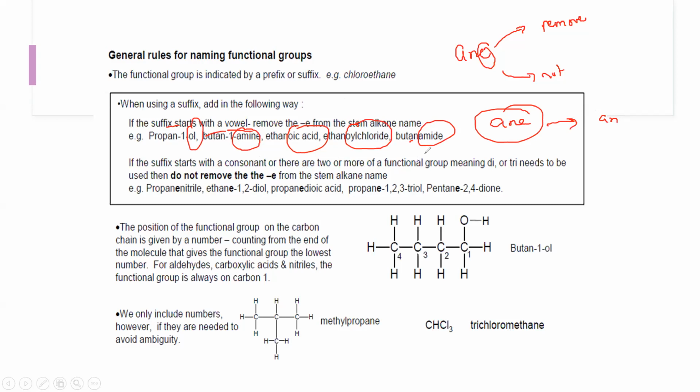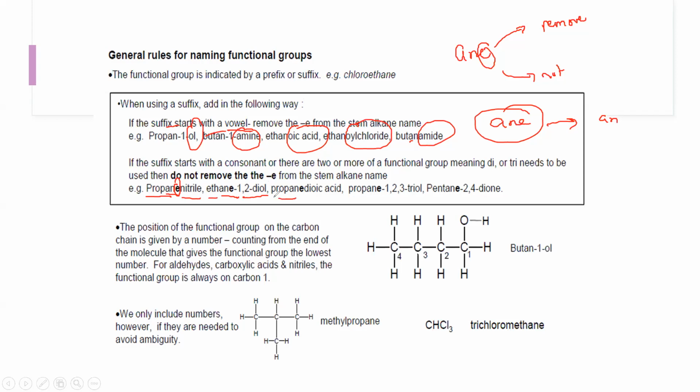Like with alkane, we write it complete: propane. We did not remove this E here. We write full propANE, and then nitrile; ethANE and 1,2-diol. Because the D of diol is not a vowel, we write it in full.